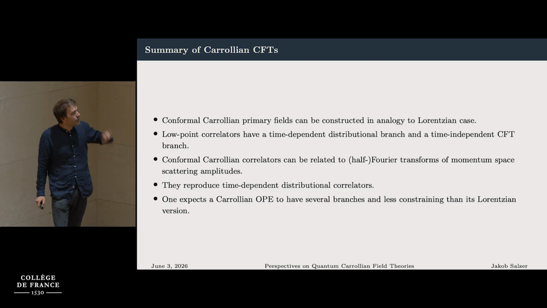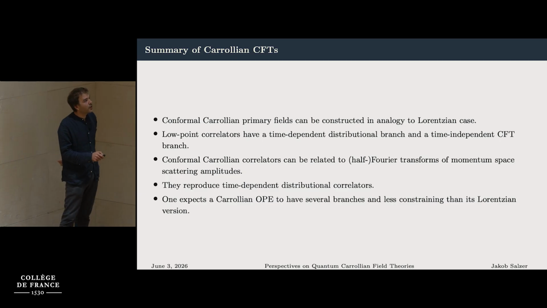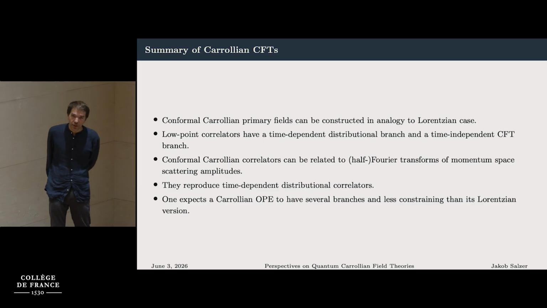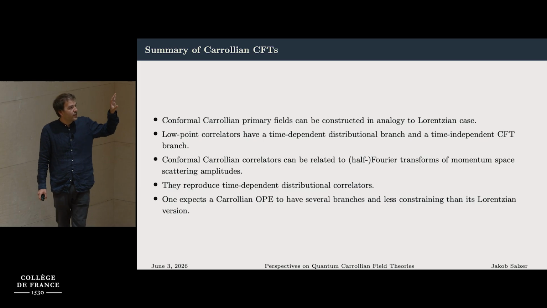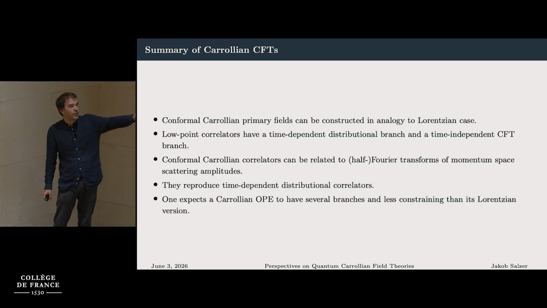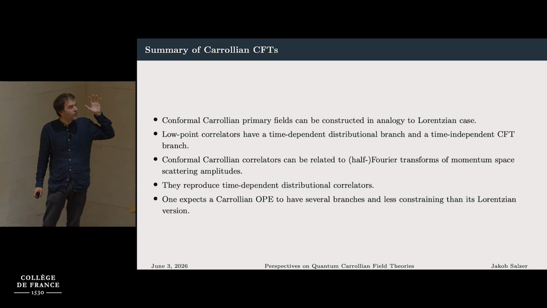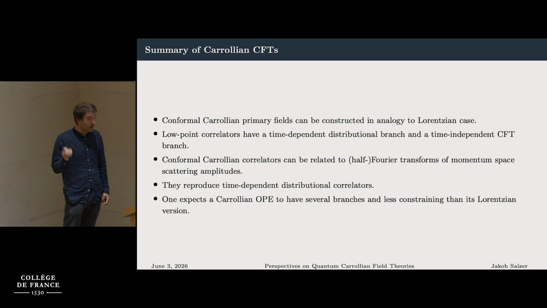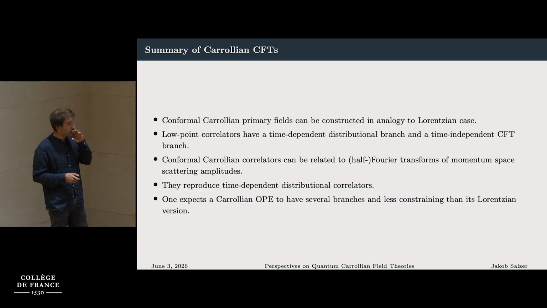Okay, so this is the summary of this first part. Conformal Carrollian primary fields can be constructed in analogy to the Lorentzian case. These low-point correlation functions have time-dependent distributional solutions and time-independent CFT solutions. The 2- and 3-point functions are fixed completely up to a coefficient. I mean, you have several solutions, but all of them are fixed up to a coefficient.